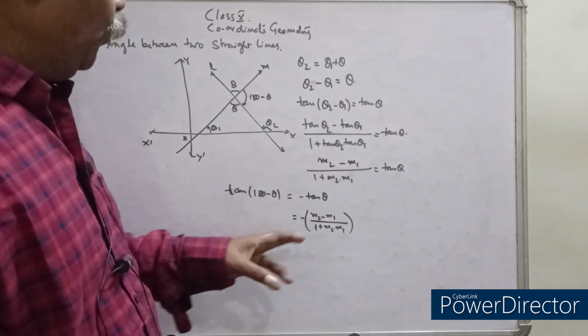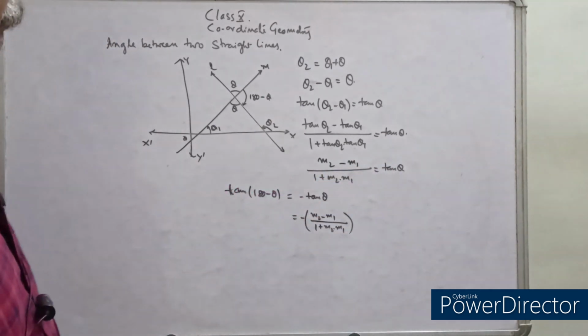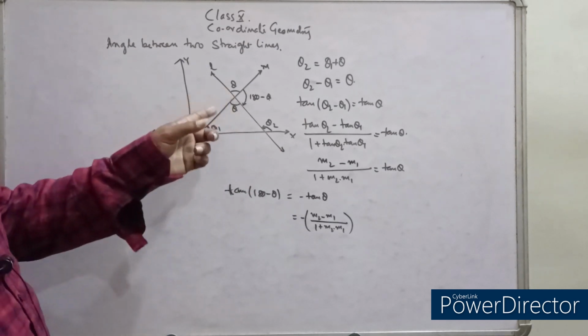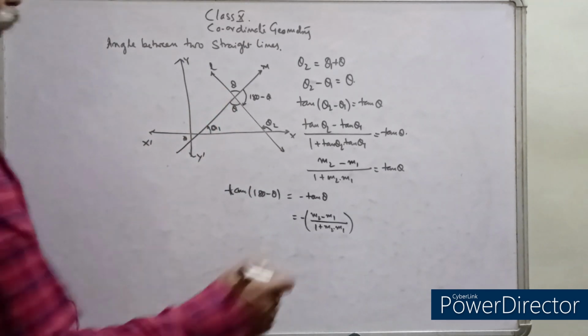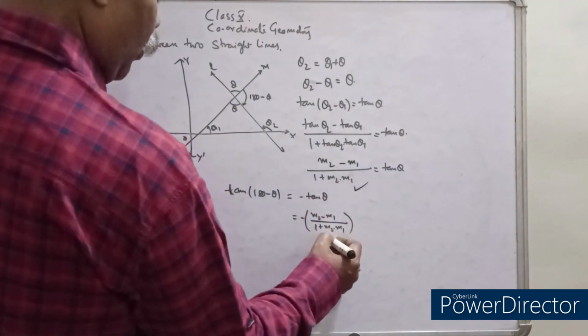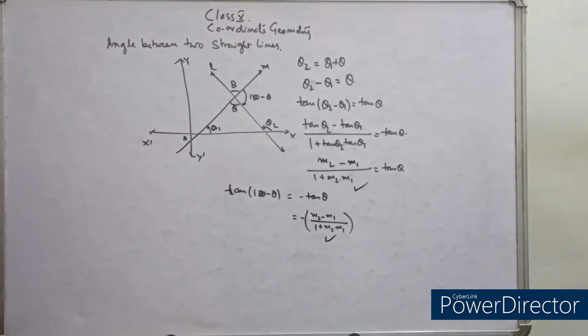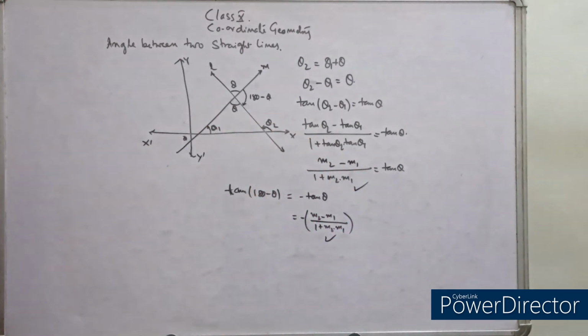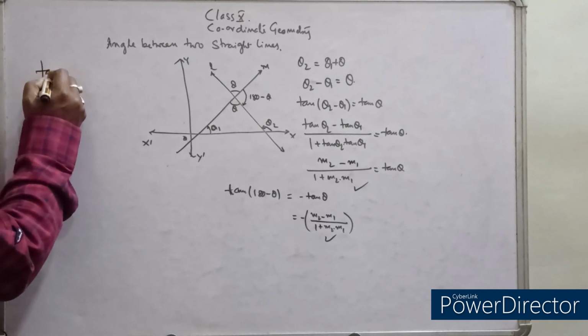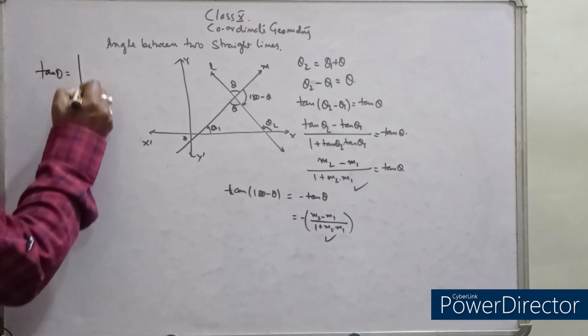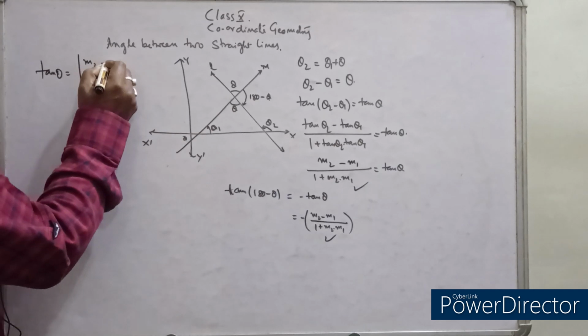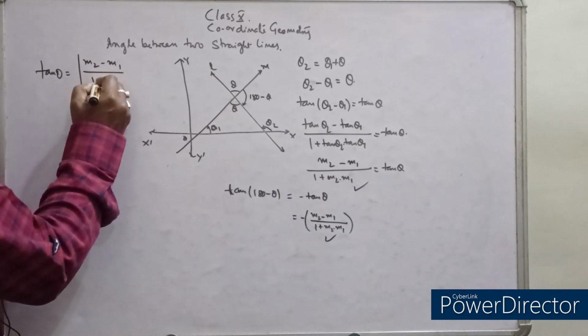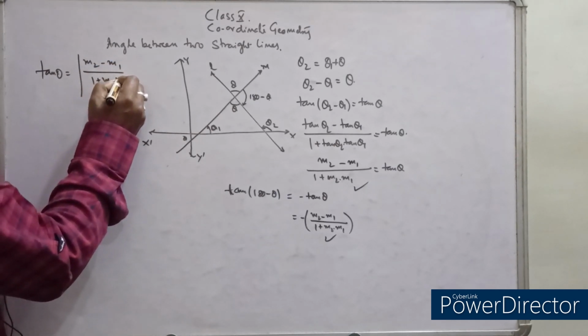So what we found is that there are two ways in which we can find the angle between two lines. Either you can consider this as the formula or this as the formula. So these two formulas have been mixed and represented in the form of modulus: tan theta is equal to modulus of (m2 minus m1) by (1 plus m2 into m1).